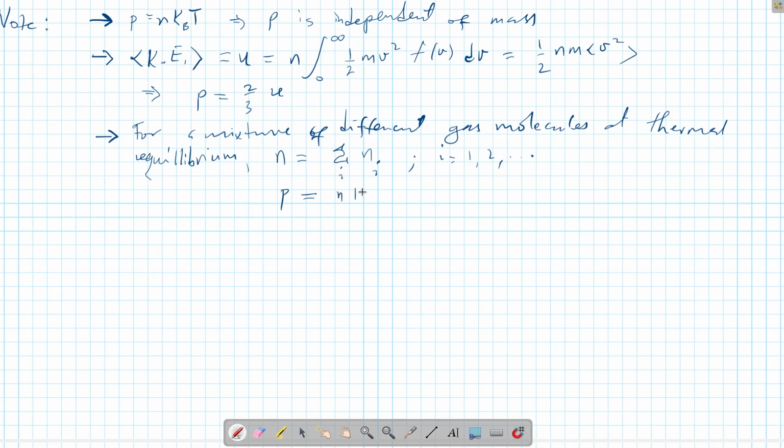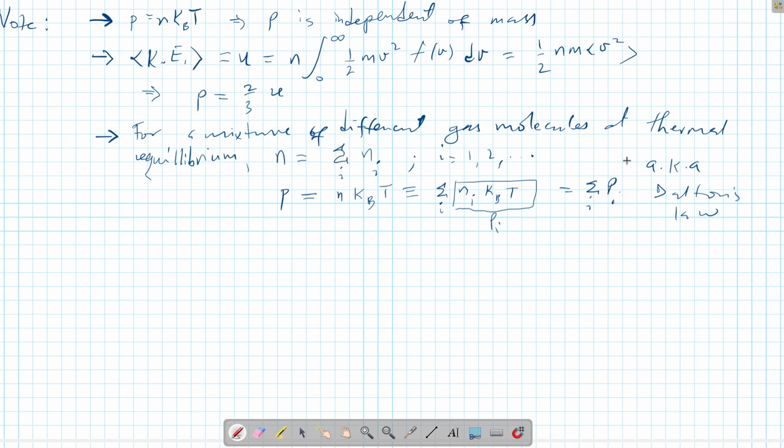So this is going to be n kBT, which is the summation over i of n_i kBT, and this we can call P_i, so this is the summation over i of P_i. This is also known as Dalton's law.